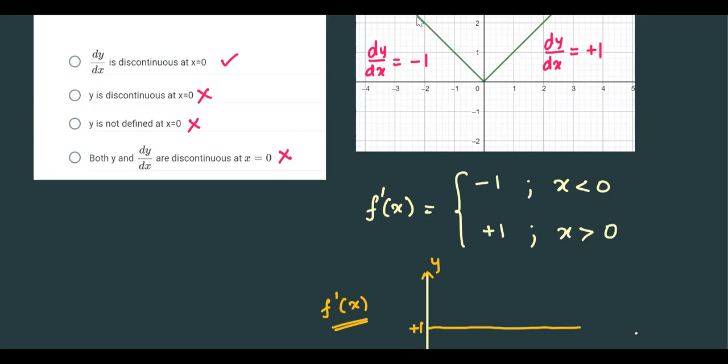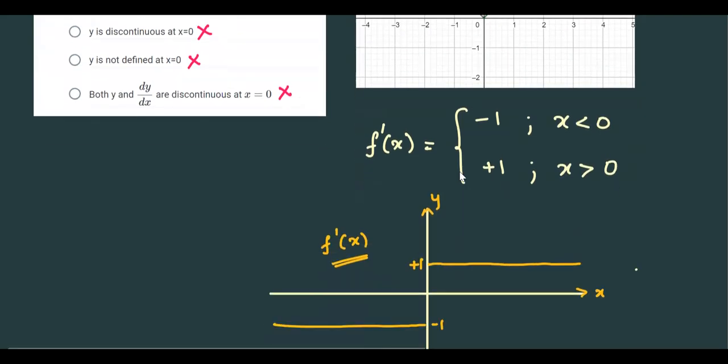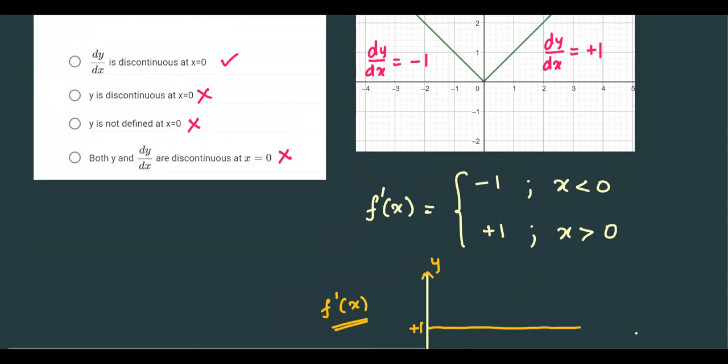So slope is constant throughout. Slope of the tangent at any point here on the curve is -1. Slope of the tangent at any point here is +1. So the slope is discontinuous. So I hope it is clear.